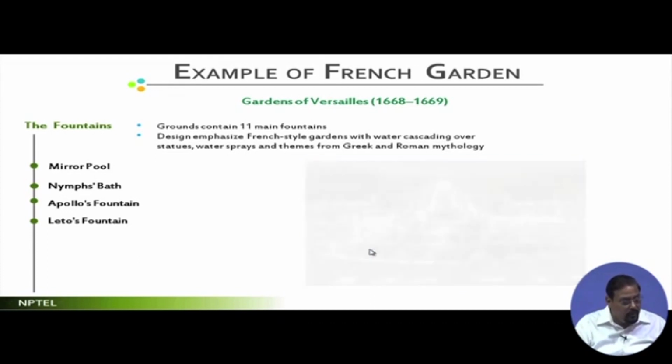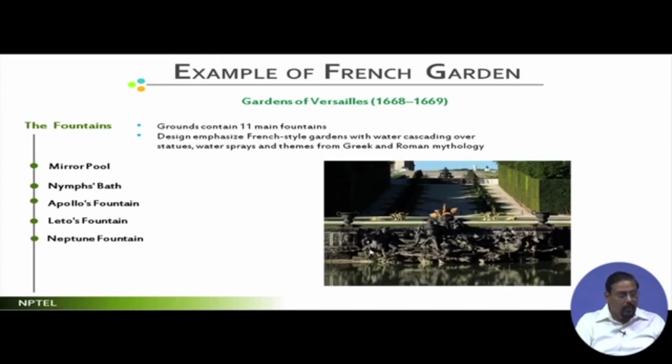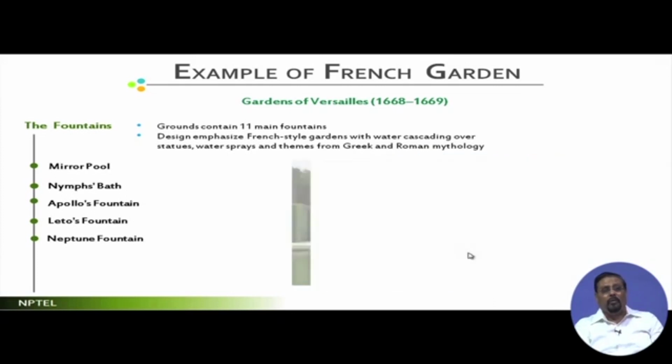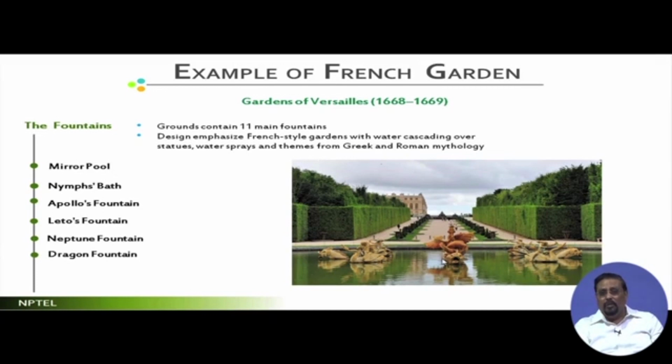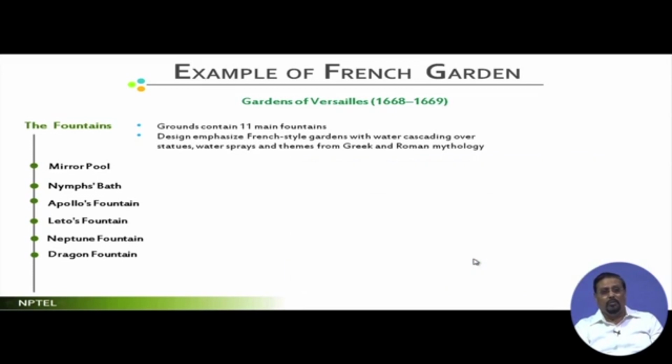Now, next is Neptune fountain here. So, this particular structure with a full fountain here, and then water will be spreading from one part to another. Then comes Dragon fountain, in which if you see this backdrop remained almost the same as the earlier one as well, but there are dragon statues and all, and they would also spout waters.